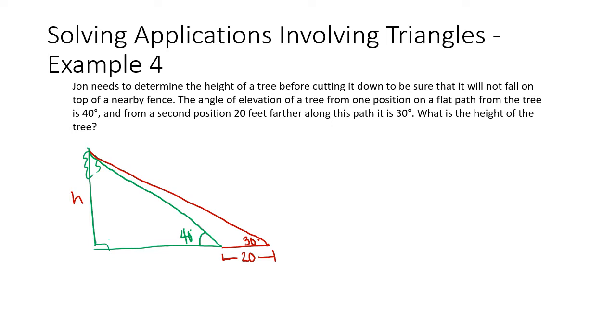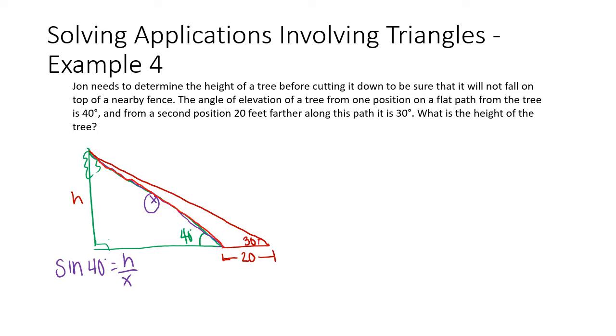But if I can figure out, let's just call this guy x, if I can figure out what x is, then I could do right triangle trig because this is the side opposite, this is the hypotenuse, so the sine of 40 degrees equals the opposite over the hypotenuse. Because I can use SOHCAHTOA for this green triangle, I need to figure out what x is.